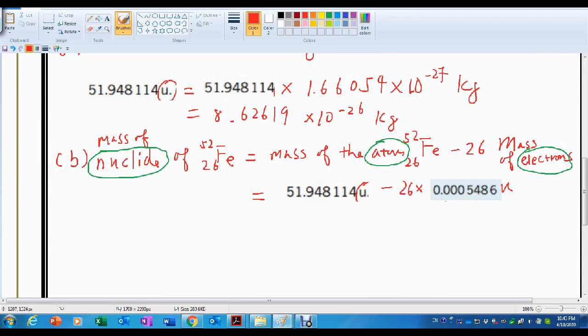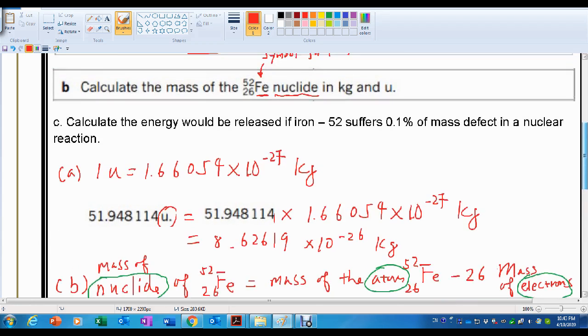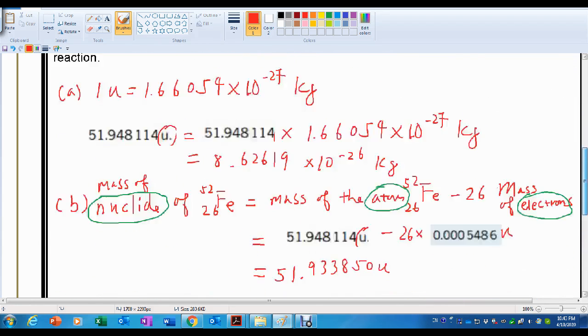So here's the formula. After you take away and do all the calculation with your calculator, it is that many U. And you have to change that mass in terms of kilogram.